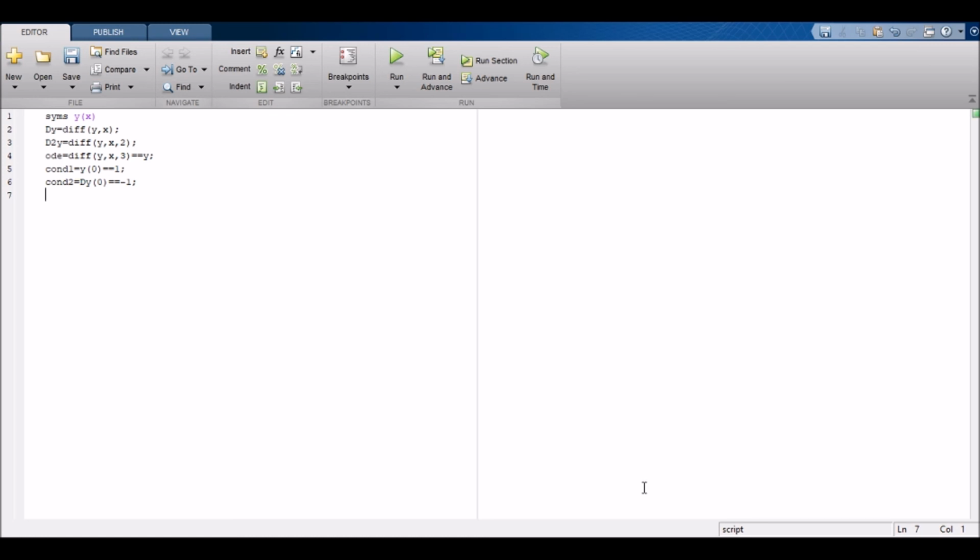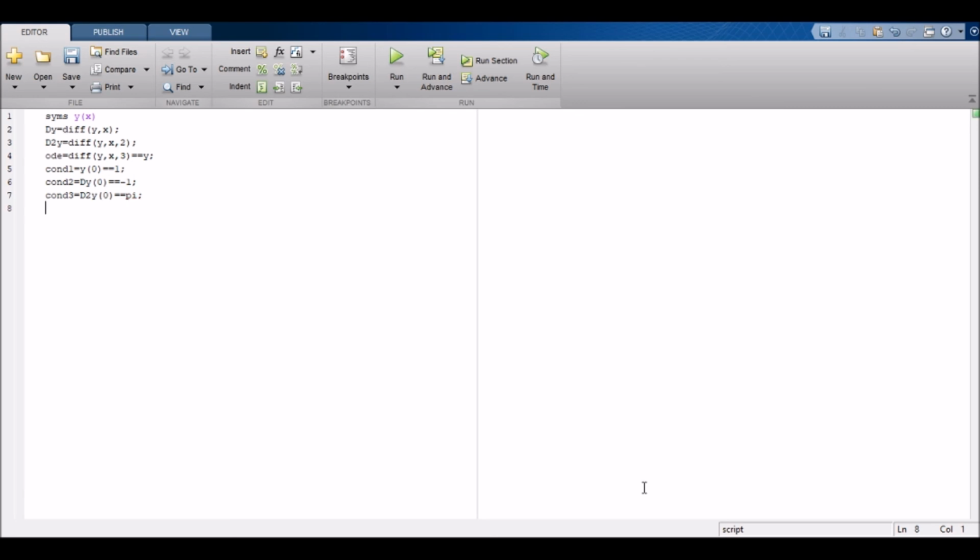Then third condition, condition 3 equal to d2y of 0 double equal pi. Therefore, we write down pi.